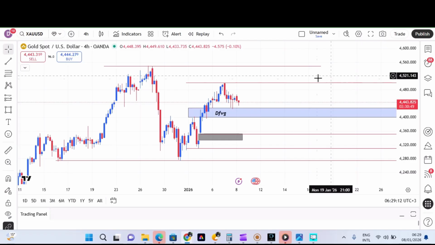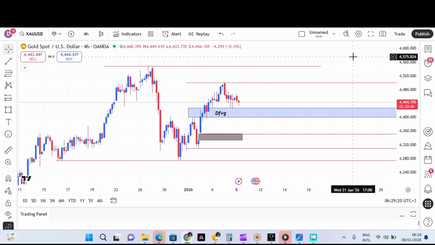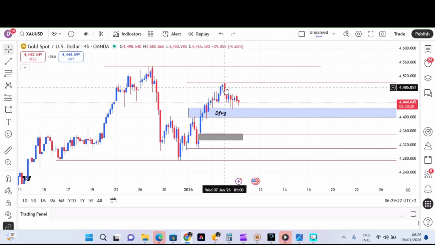All right, so what is gold doing? Gold is indicating a bearish trend. Let's first look at the trend aspect. What is the trend of gold? As per Wednesday, it is bearish. That's the truth.